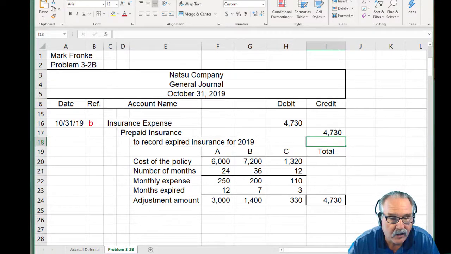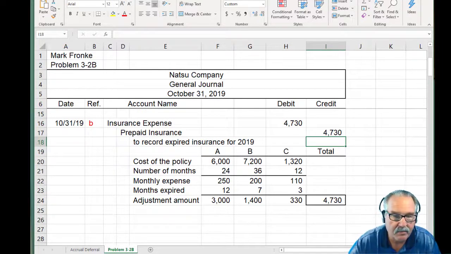So we're going to write off $3,000 of that policy. We have expensed 7 months of policy B and 3 months of policy C. We add those up, we get a total expired insurance. Again, this is insurance that has been gone, that we've used up. $47.30, debit insurance expense and credit prepaid insurance.